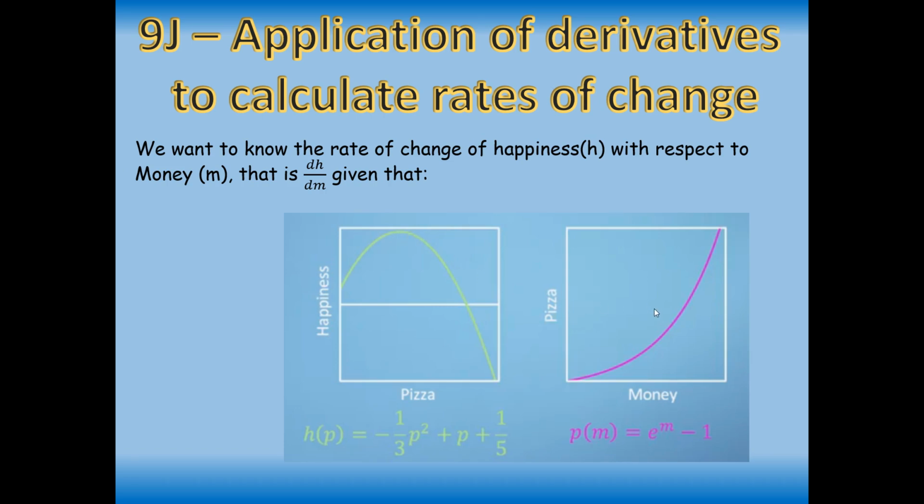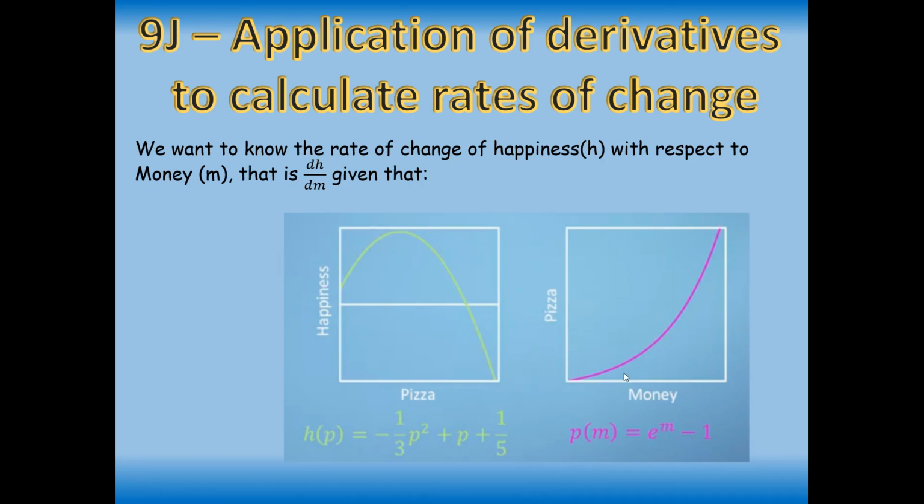But at the same time, there is the amount of money that you have to spend to buy each pizza, right? So there is a function of a function. So we want to figure out how our happiness changes with respect to the money that we earn.